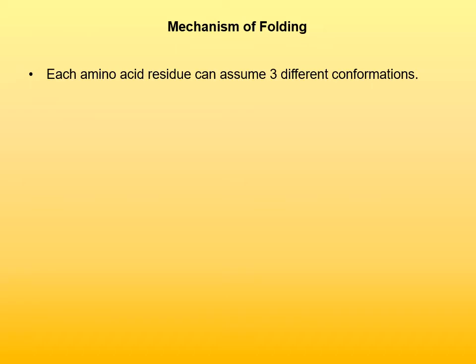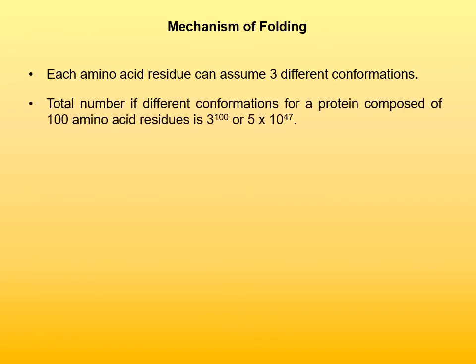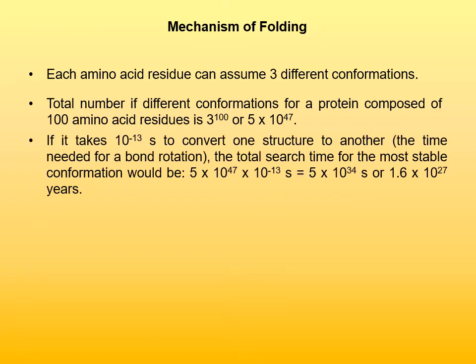If a protein is composed of 100 amino acid residues, then the total number of different conformations for such a protein chain would be 3 to the power of 100, or 5 times 10 to the 47th. So there is a huge number of conformations available to even a relatively small protein.